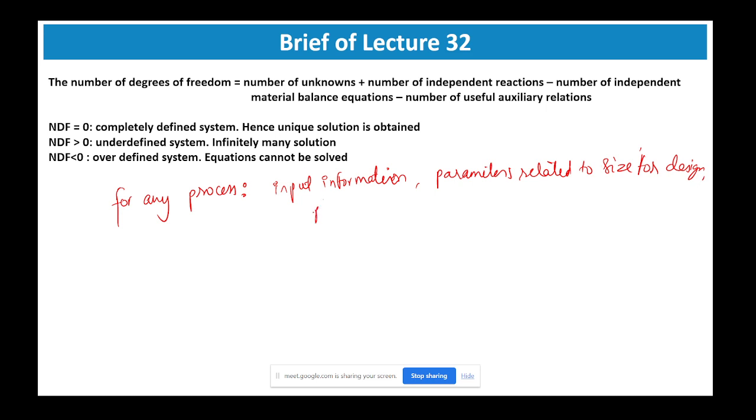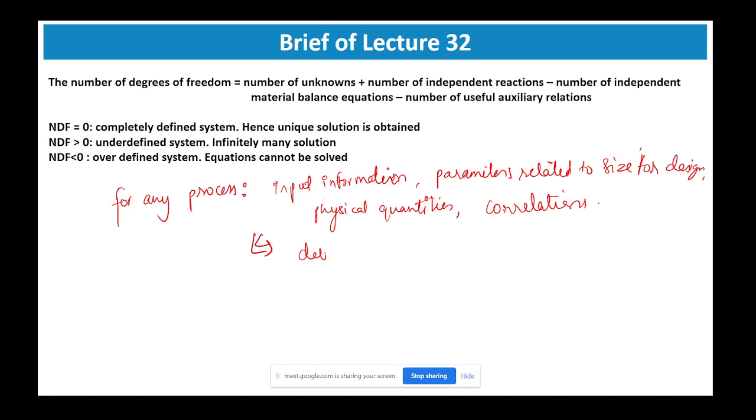Then you need to know the physical quantities related to the process. Then you need to have certain correlations by which you will be able to relate one quantity with another. You need to have all this information.